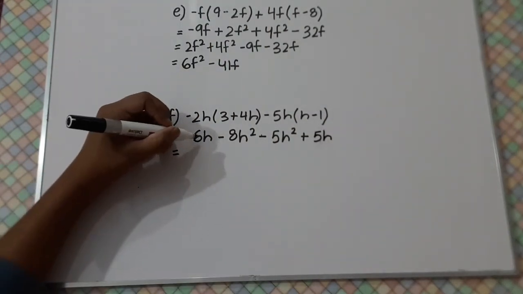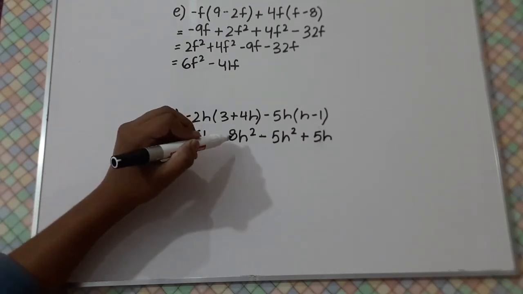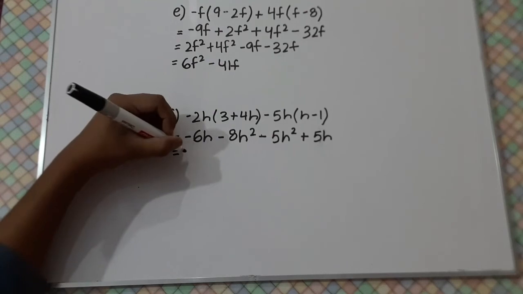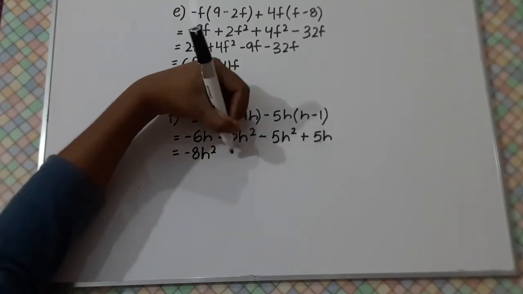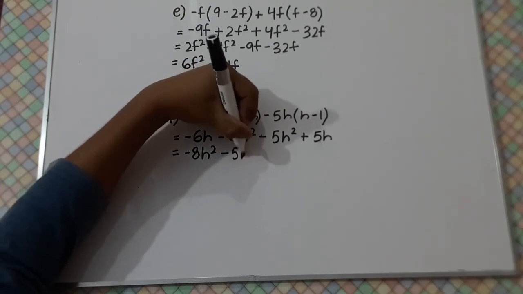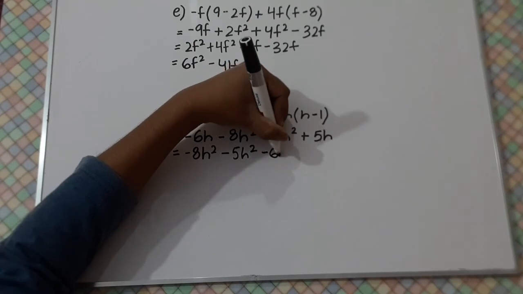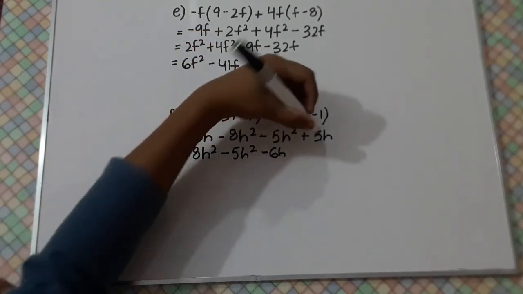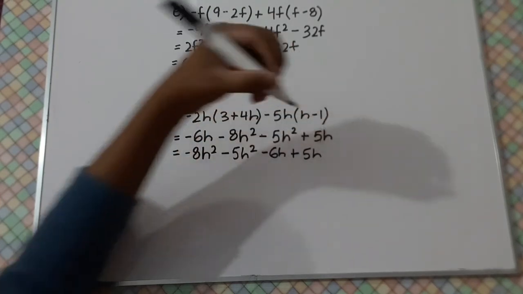Now we are going to take out the common. So we are going to shift minus 8h square and minus 5h square over here. Then minus 6h and plus 5h.